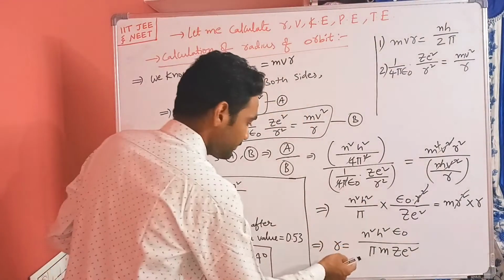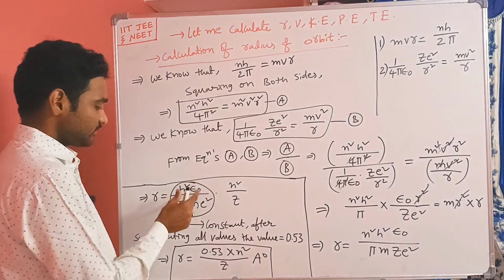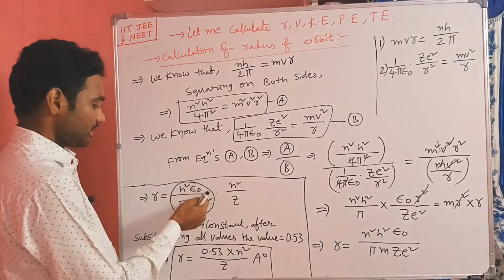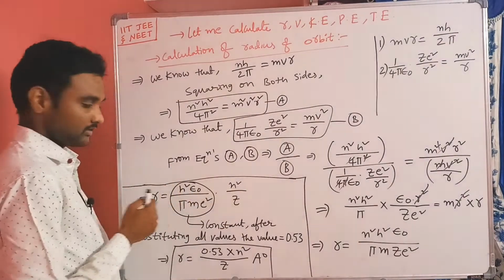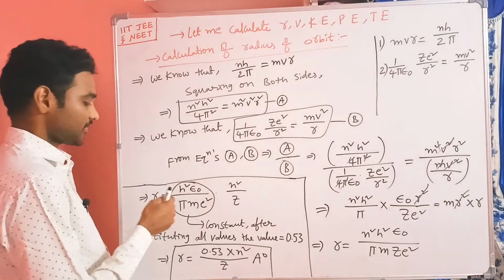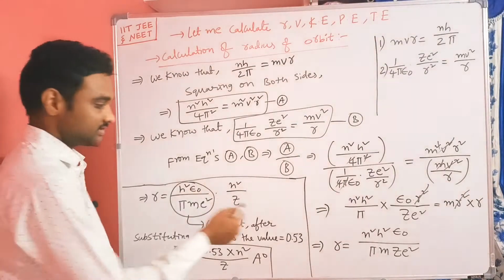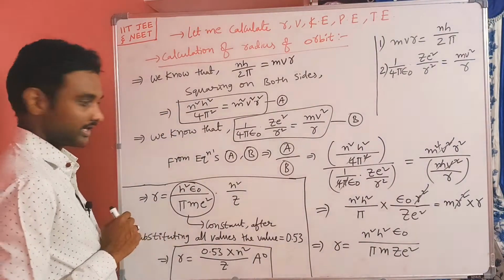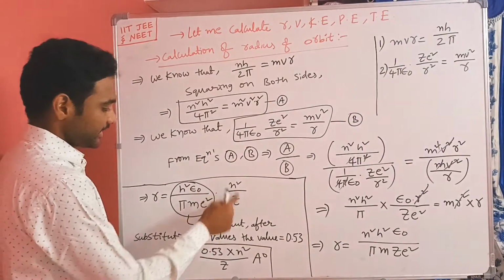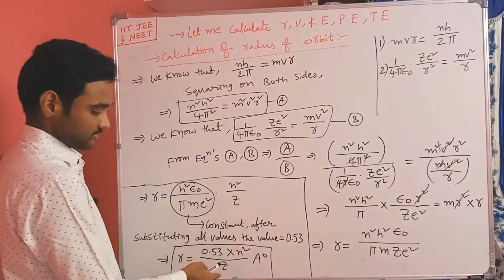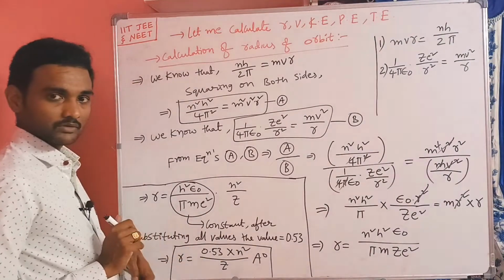Now this one I am writing like this. Here r is equal to h square epsilon naught by pi m e square into n square by z. This is the constant. After substituting all the values, we will get the answer 0.53. So instead of this one I am writing 0.53 into n square by z, Angstroms.